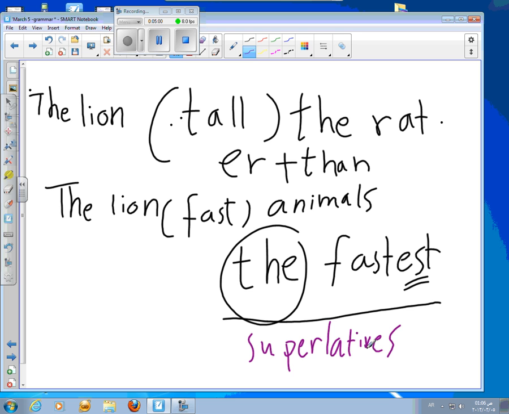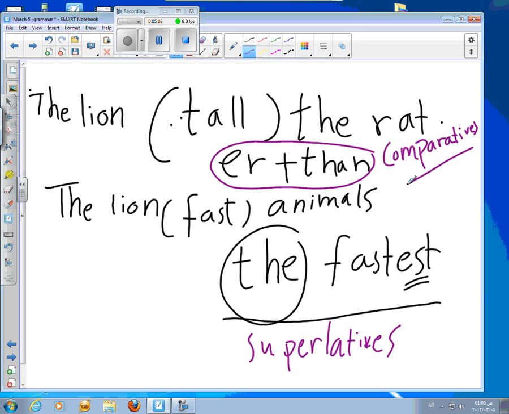But the comparatives, this is what we call comparatives. So here, this is the comparatives and this is the superlatives. Both of them are used to compare, just like as adjective as. So we have three ways to compare.